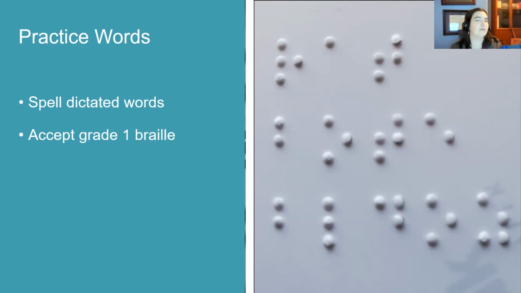But layering those on top of each other can sometimes get very frustrating. And accept creative spelling. So this is an image of some Braille with some very interesting spelling. So boat. How many little kids have you known who have spelled boat B-O-T-E instead of B-O-A-T?